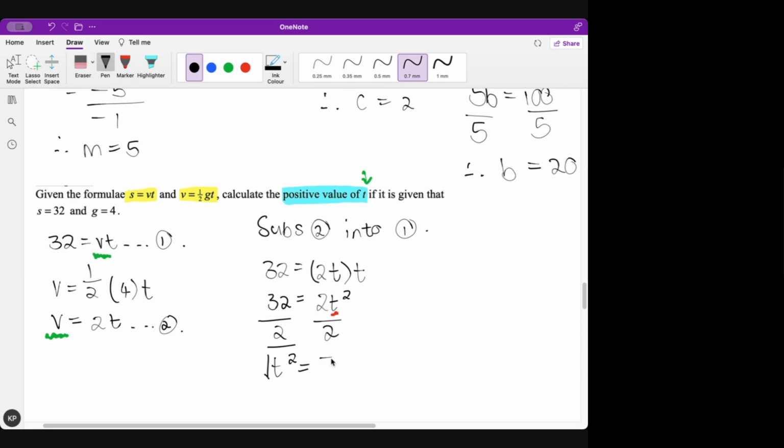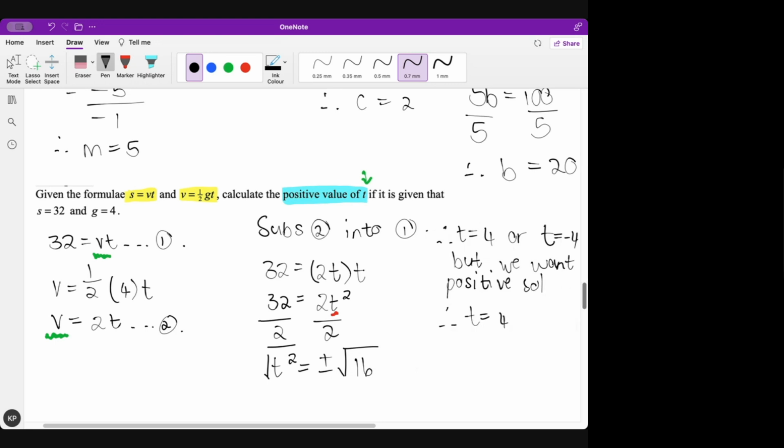So you're going to say this is equal to plus minus the square root of 16. What is the square root of 16? 4, or t is negative 4. Then you say, but we want the positive solution. Therefore, t is just 4.